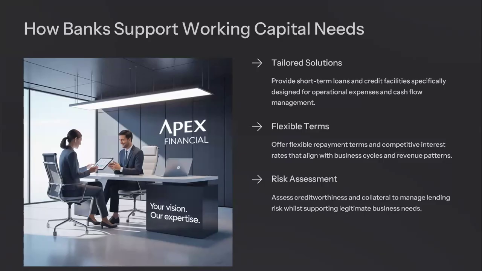Then, when I'm talking about working capital needs from a bank, I can have flexible terms of interest and repayment because ultimately banks are the backbone of any industry.